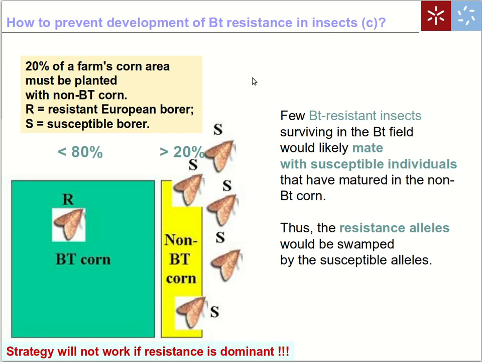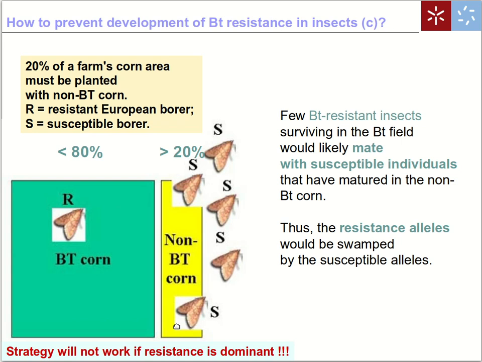If we look at the third option in more detail, the way this is supposed to work is that you divide your area that you grow your crops into a larger one, 80% or so, where you grow BT corn in this case, and there will always be some resistant insects that develop in this area.